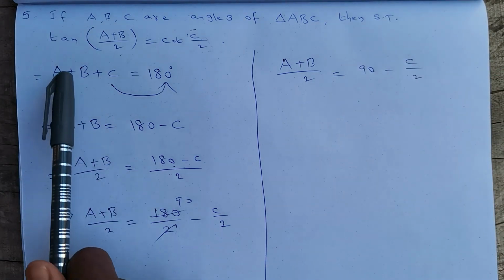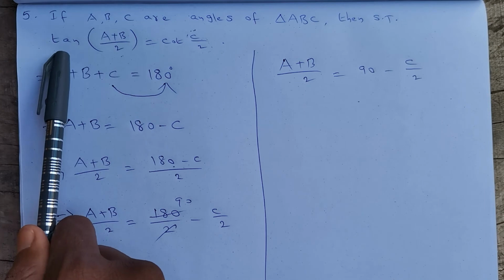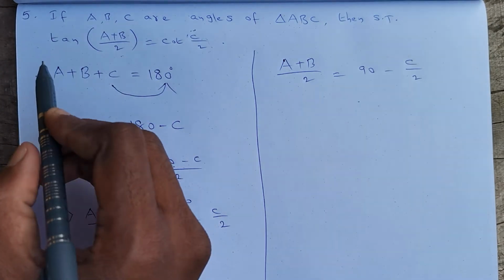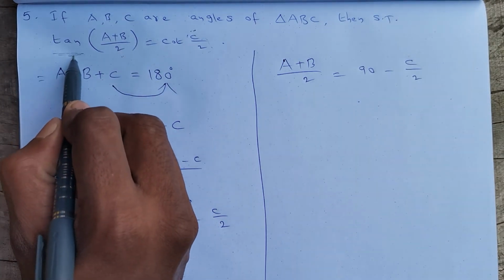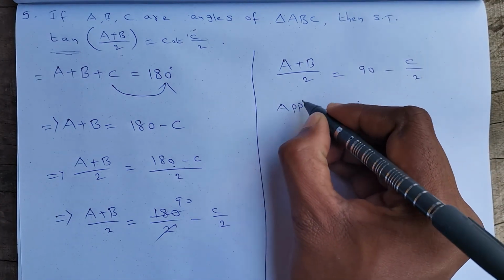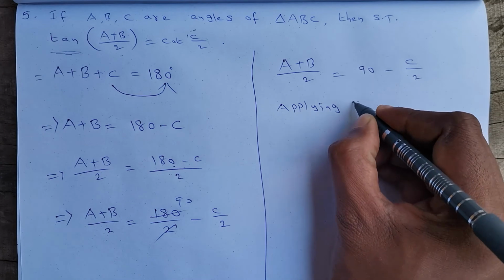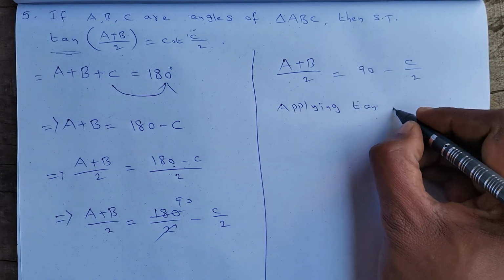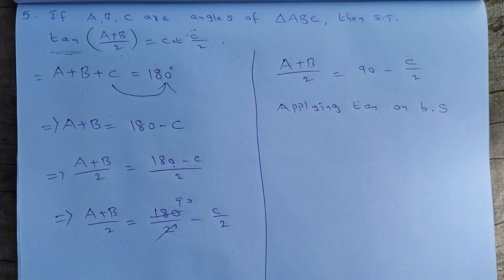Now in the question, on the left side we have tan of (A plus B) by 2. We compulsorily want tan in the answer, so applying tan on both sides.